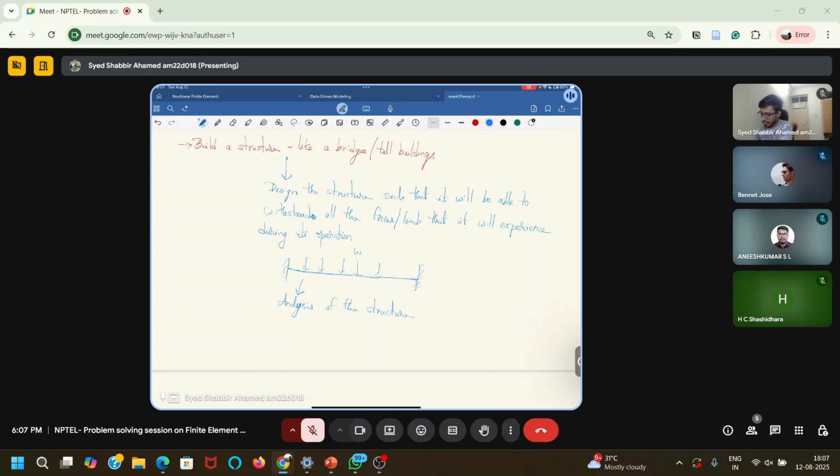So in order to do the analysis, whatever the physical structure is, we have to model it as a mathematical model. A mathematical model is necessary to do the analysis.